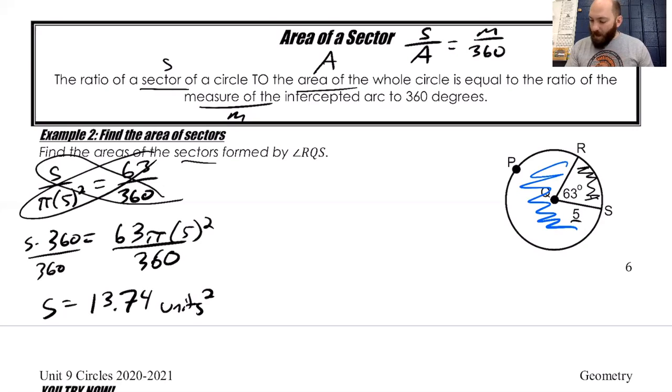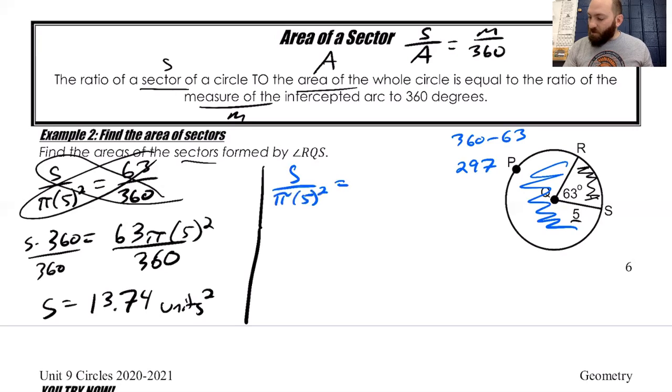Okay? And like I said, I'm going to do this again for the other one. So if that's 63 degrees here, the other one is going to be 360 minus 63, so it's going to give me 297. So sector area over pi r squared is equal to 297 divided by 360.